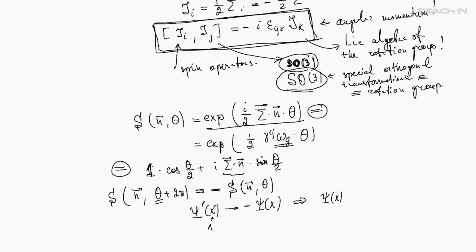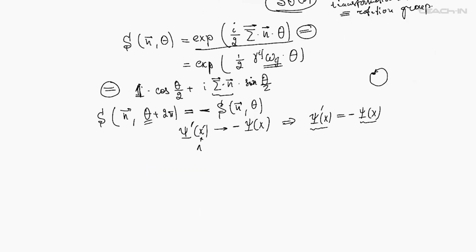You start from a point, you return to the same point upon the Lorentz transformation given by this three-dimensional rotation, but your wave function psi does not return to the same value, it receives a minus sign. This is a very important specific of this representation, which we call spinor representation. So spinors, upon rotation by 2 pi, do not return to themselves, but they receive the minus sign.